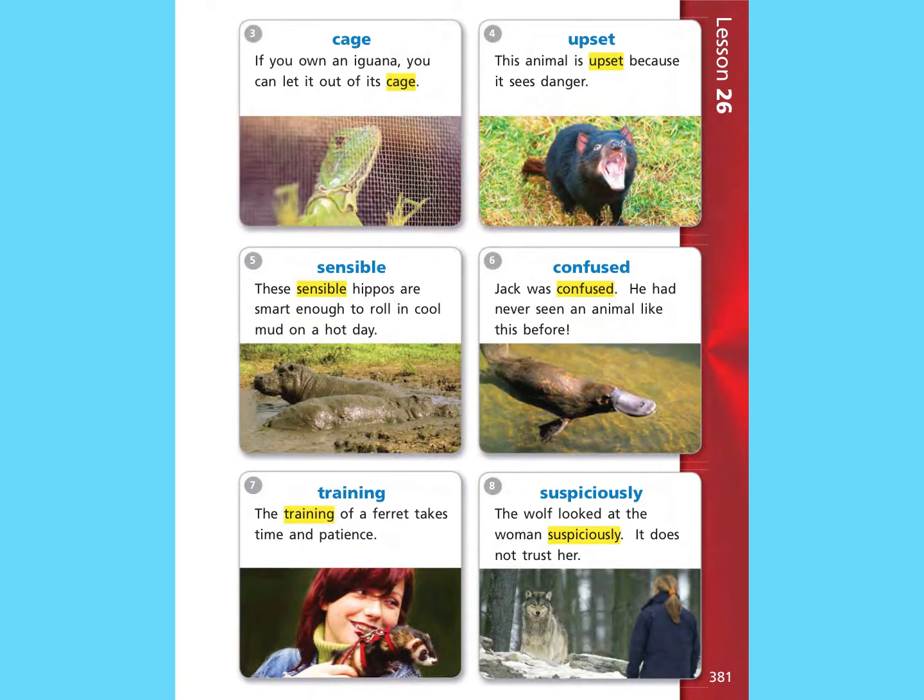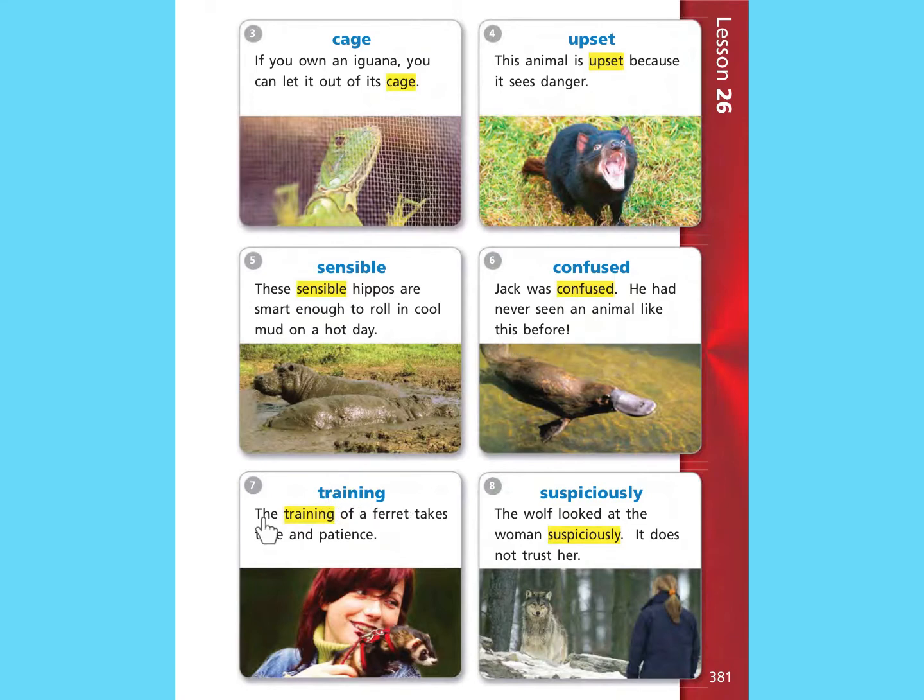Sensible. These sensible hippos are smart enough to roll in cool mud on a hot day. Confused. Jack was confused. He had never seen an animal like this before.